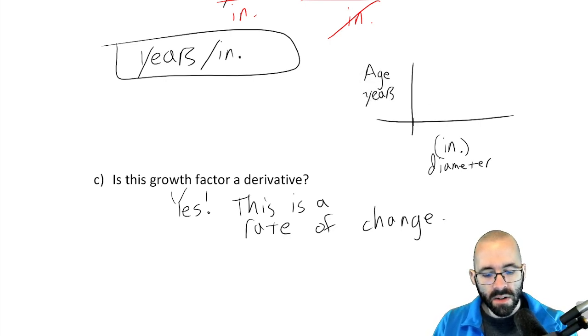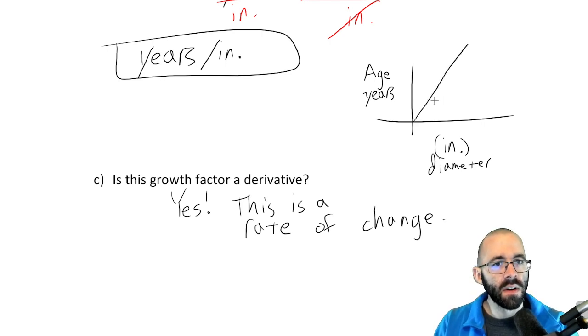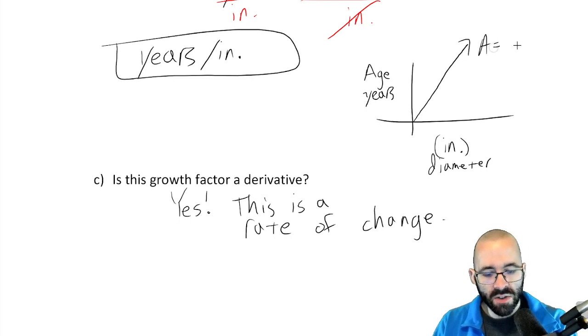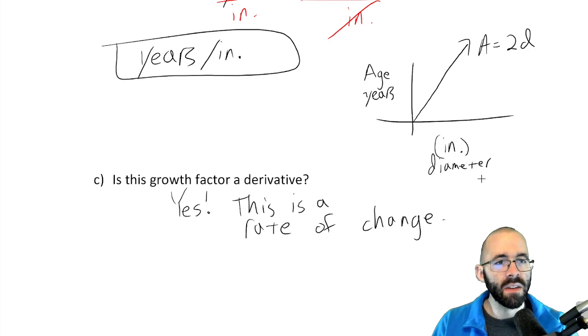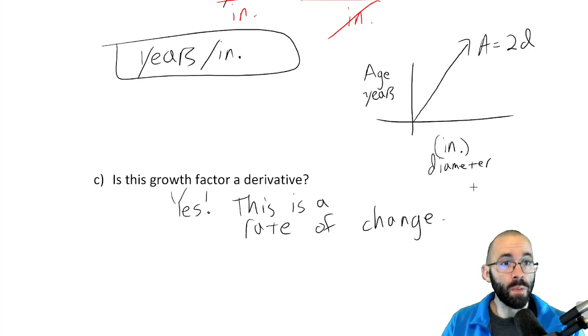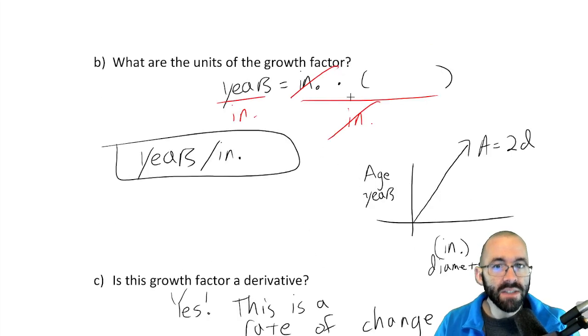And we're told that the growth factor is 2. Every time that we increase by an inch, the age goes up by 2. What is the slope of this function? This is the function, by the way: age is equal to 2 times diameter. What's the slope of this line? It's 2. Slope is derivative.